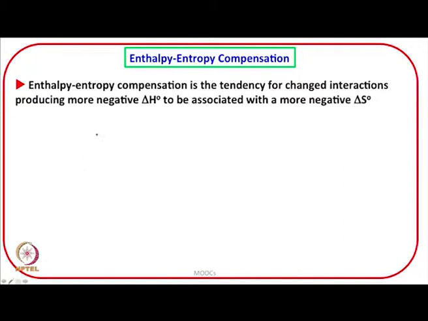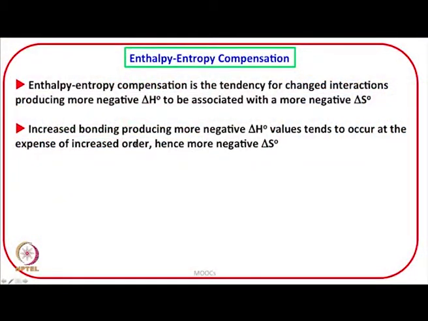Enthalpy entropy compensation is the tendency for changed interaction to produce more negative delta H naught, which can be associated with more negative delta S naught. Usually it is observed that you gain in enthalpy but you lose in entropy. Let's take a look at the next comment.